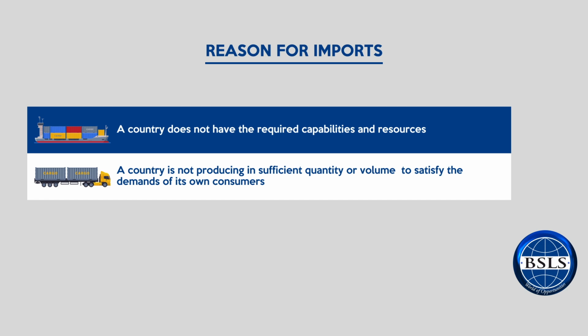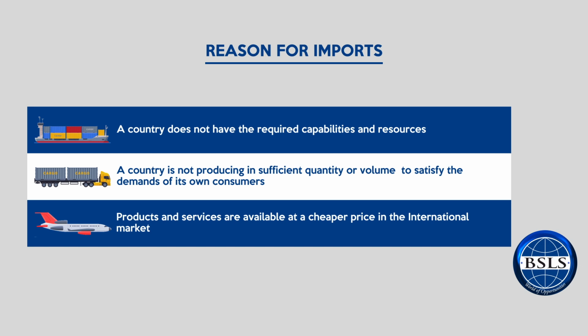An example can be a country that may be producing rice, however, not in sufficient quantity or volume so as to satisfy the demands of its people. In such a situation, although the country is producing rice, they may have to import it from the outside world to satisfy their consumers.